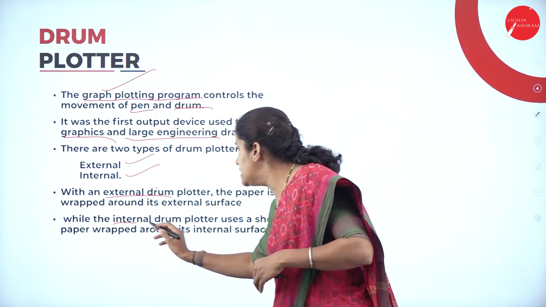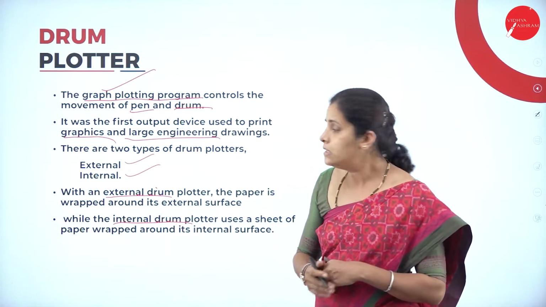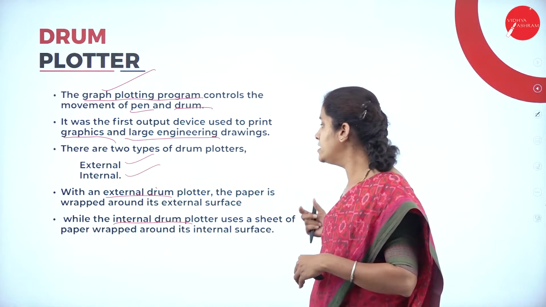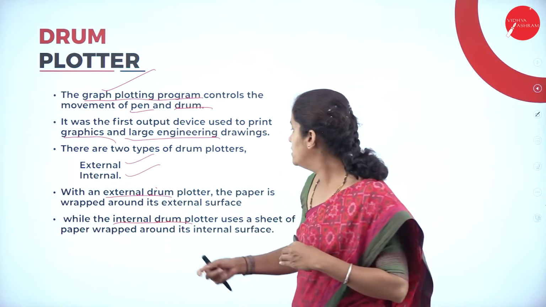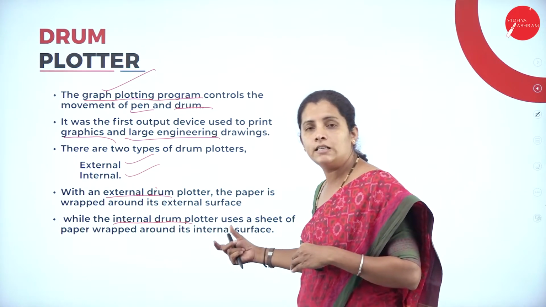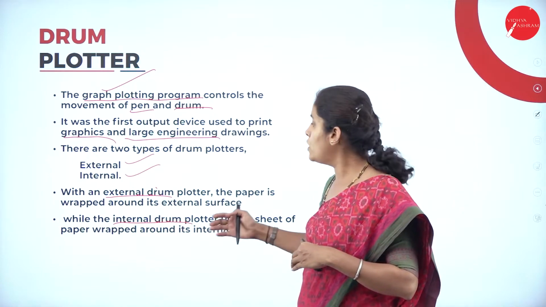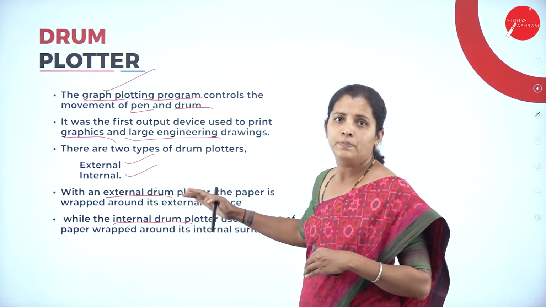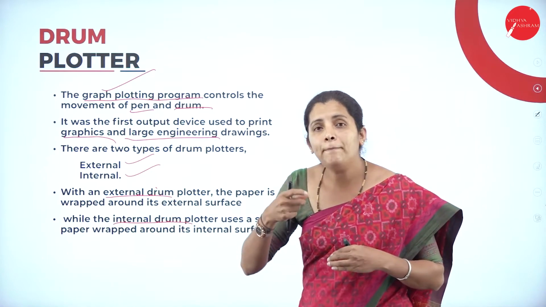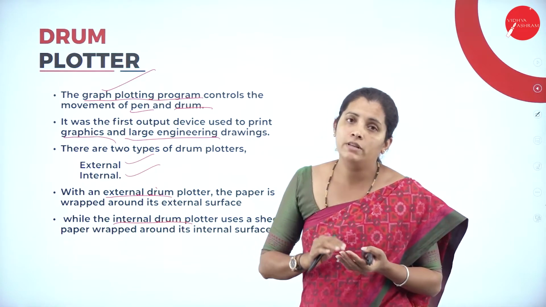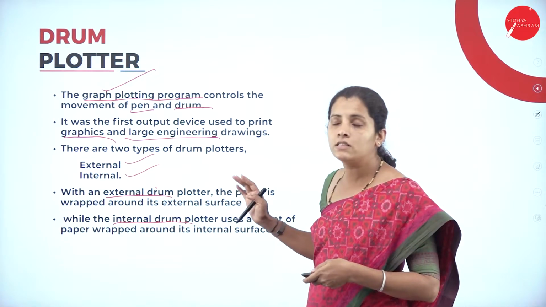Whereas in the internal drum plotter, the paper or sheet is wrapped around its internal surface.